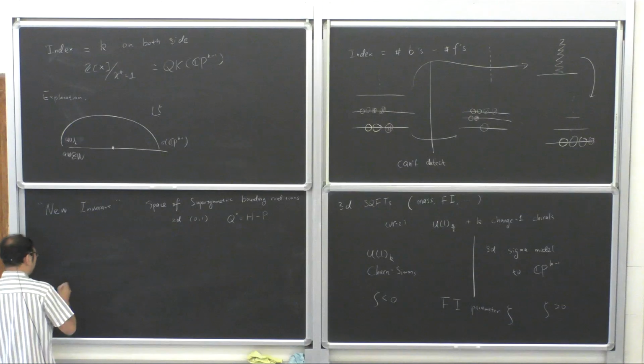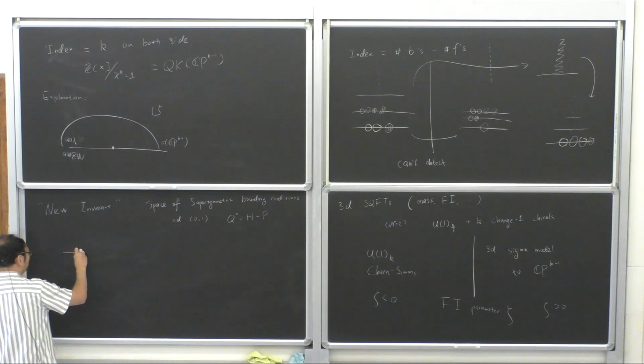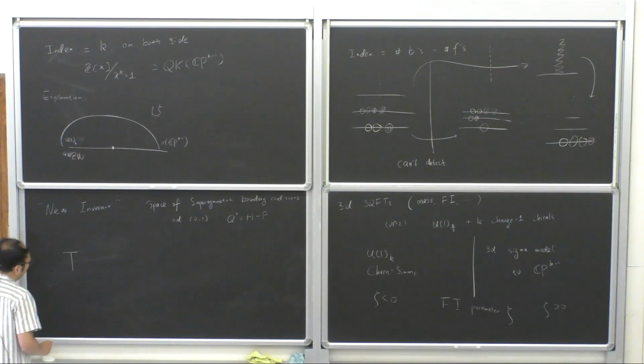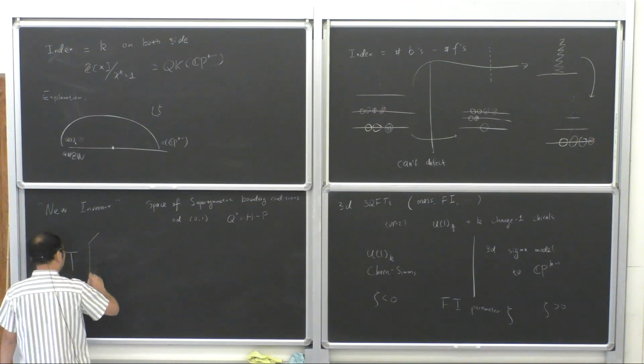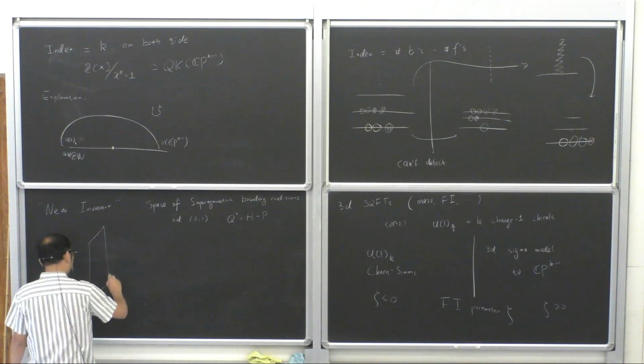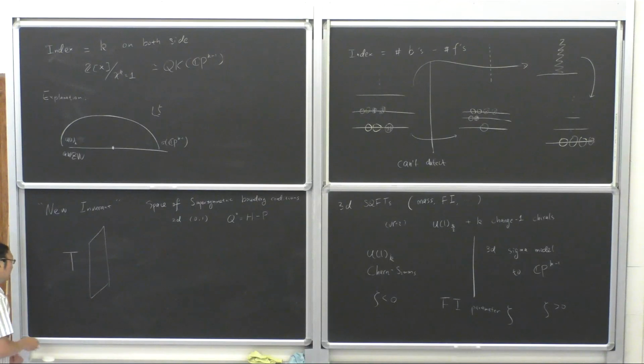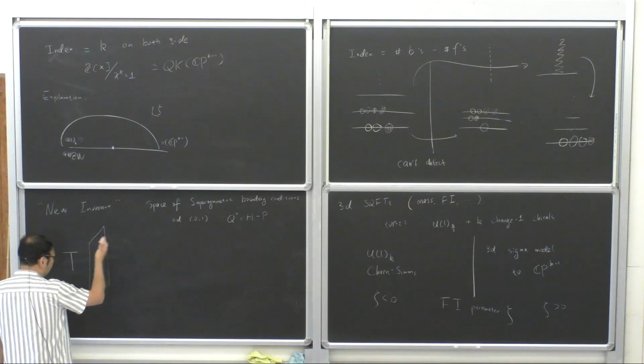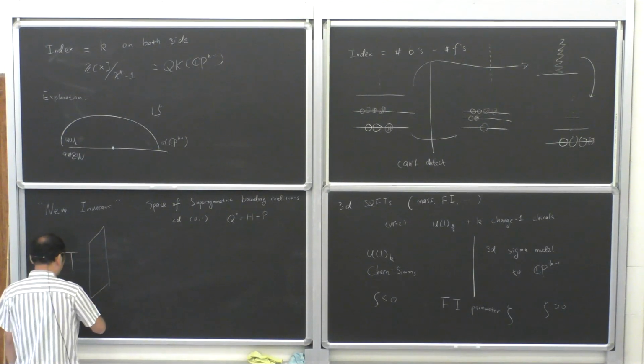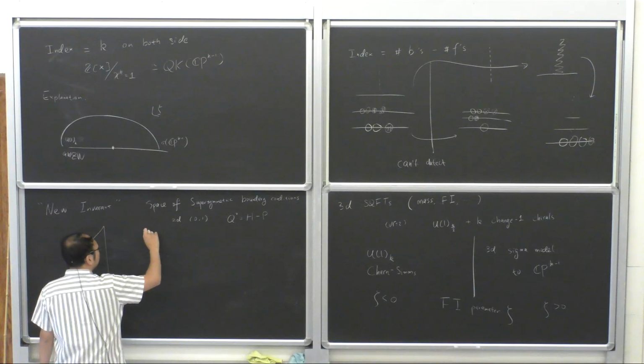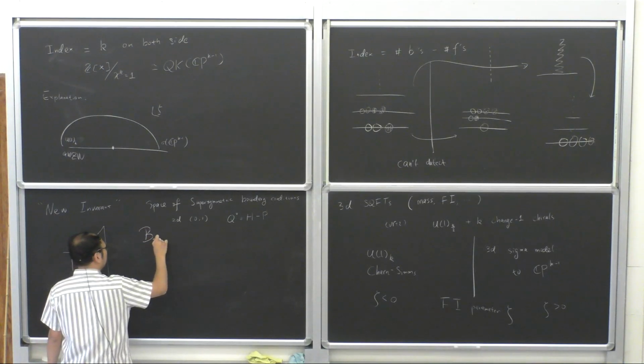Let's imagine that we have some three-dimensional supersymmetric theory T, and then it has some boundary. So the space of boundary conditions, we will denote it by B_T.